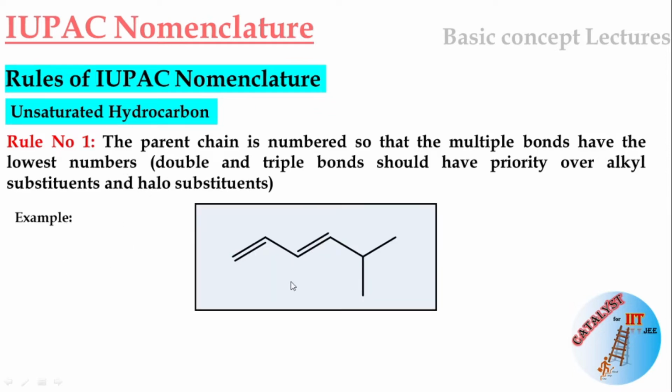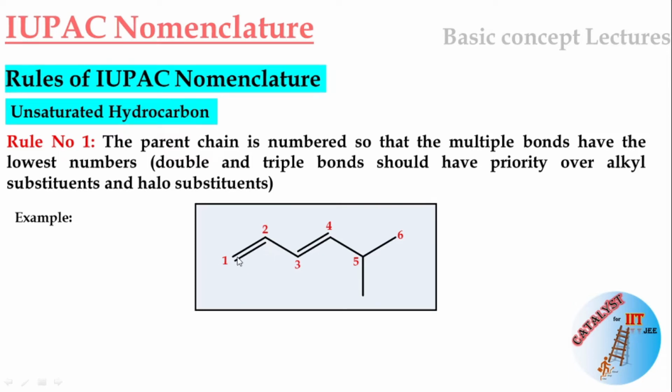You can also understand this rule by this example. There are two ways to select your parent chain. You can choose the parent chain in this way also, and you can also start numbering your parent chain from this direction also. But according to this rule, you have to give the lowest possible number to your double bond.